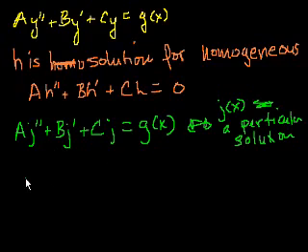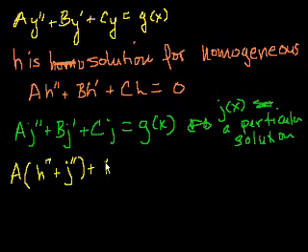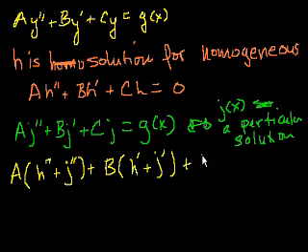So let's say I wanted to substitute h plus j here. The second derivative of the sum of those two functions is just going to be the second derivative of both of them summed up, plus b times the first derivative of the sum, plus c times the sum of the functions.